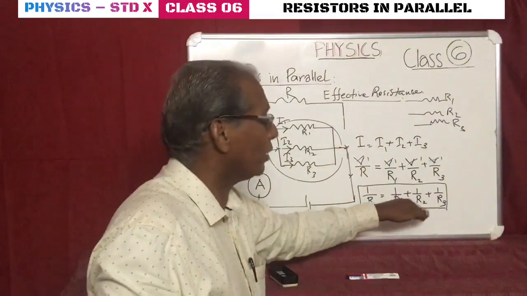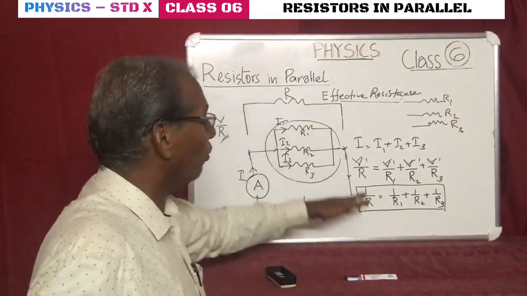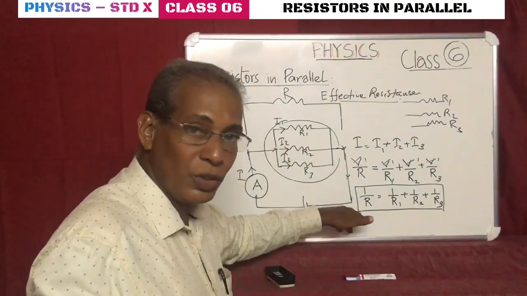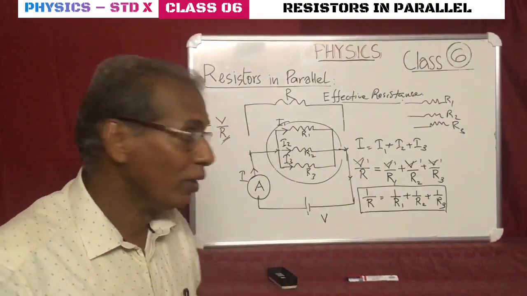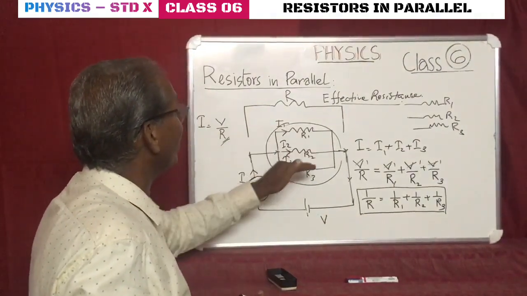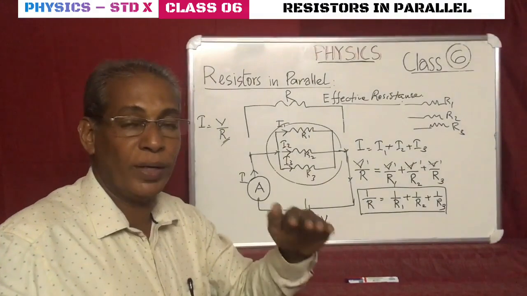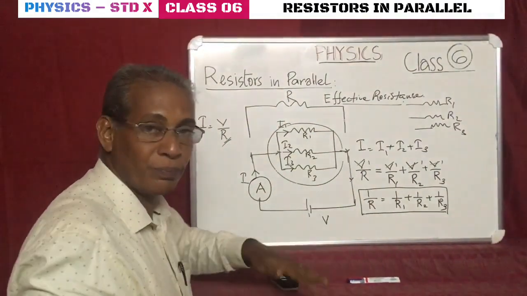And this is a simple mathematical calculation. We can have that value of R. This is the way we calculate the effective resistance in parallel connection. And the property of the parallel connection: all these 3 branches have different current and a common voltage.